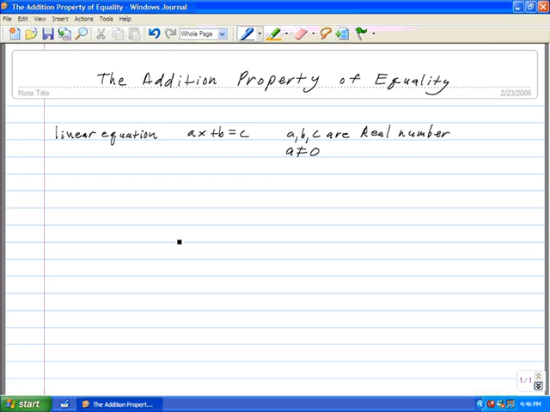Now we want to learn how to solve these equations. If we have something like 3x plus 5 equals 14, we want to learn how to solve this. You'll learn that when you evaluate an expression, you can put in lots of different values for x.